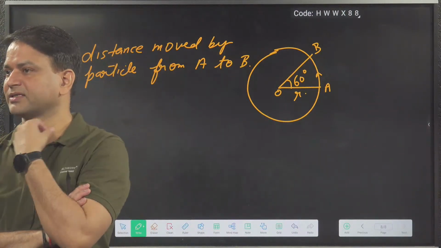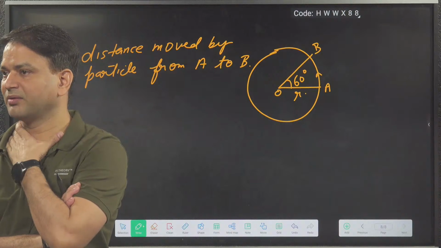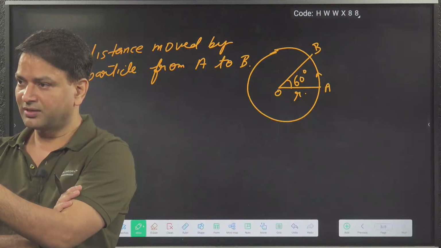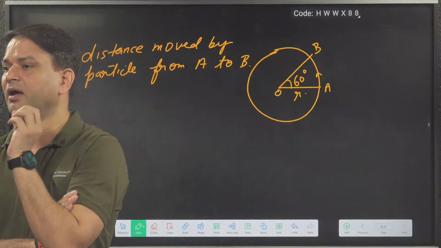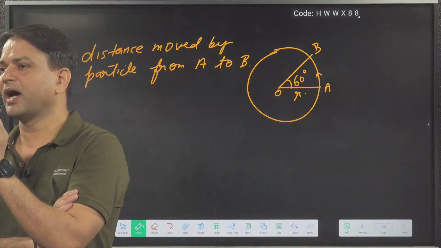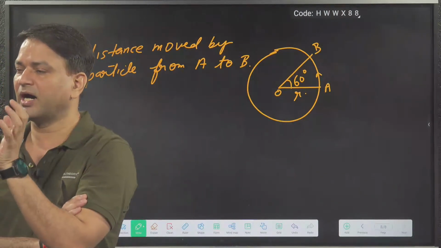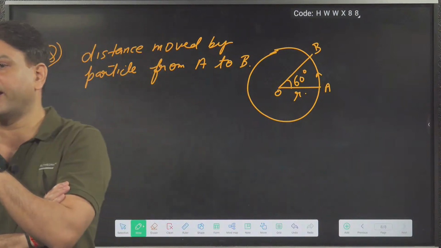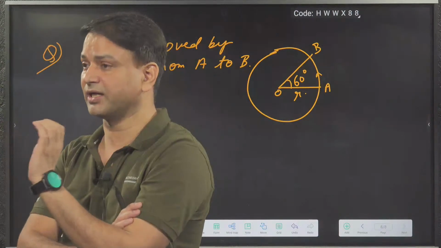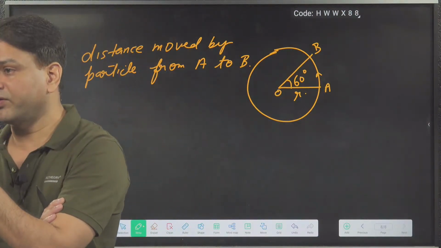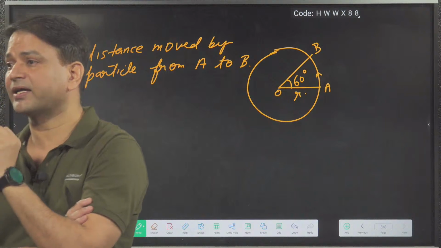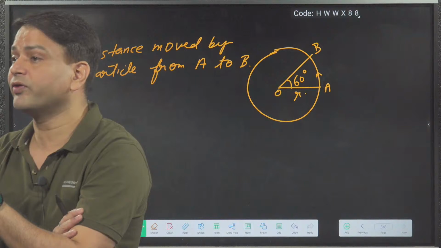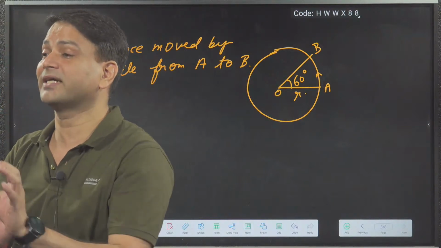So one answer I'm getting is 60R. Just 10-15 minutes back, I said that when we use the formula angle is equal to arc upon radius, or arc is equal to angle into radius, the default unit of the angle is the radian.